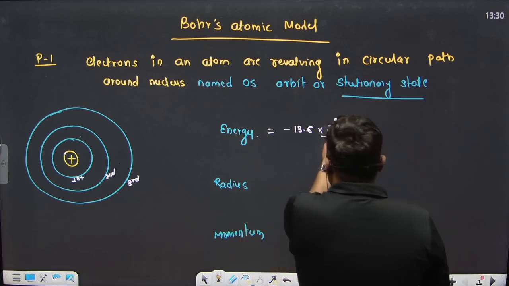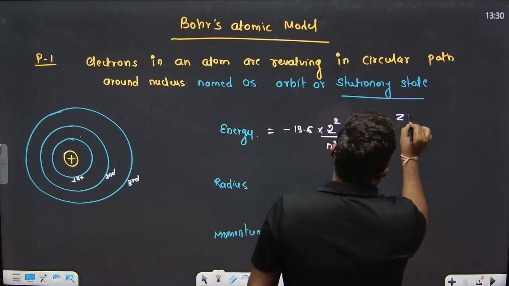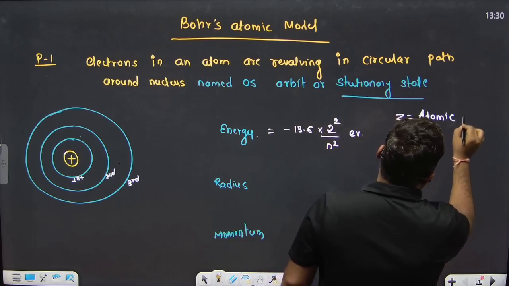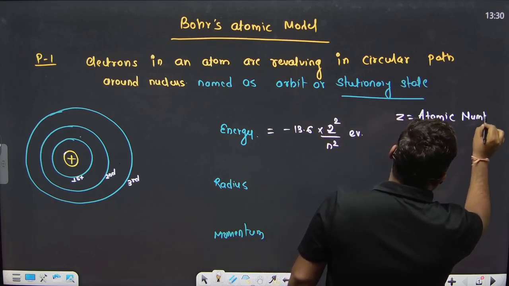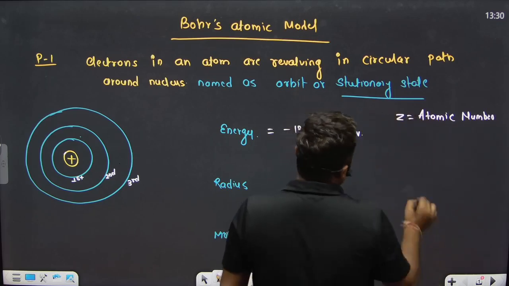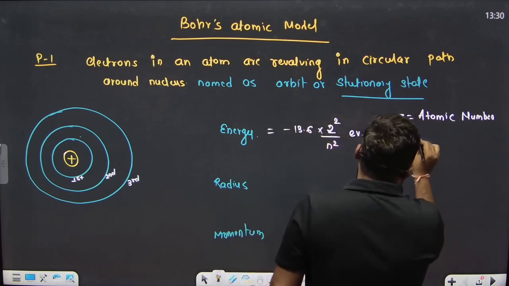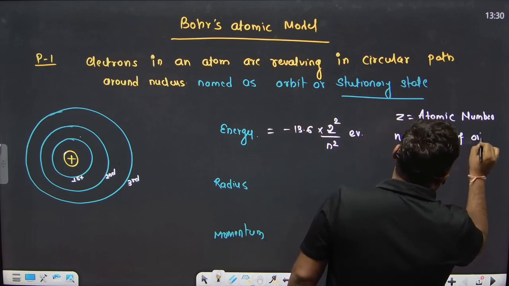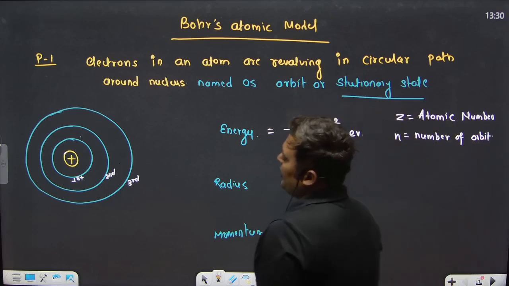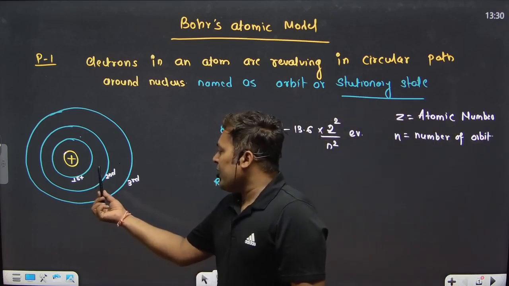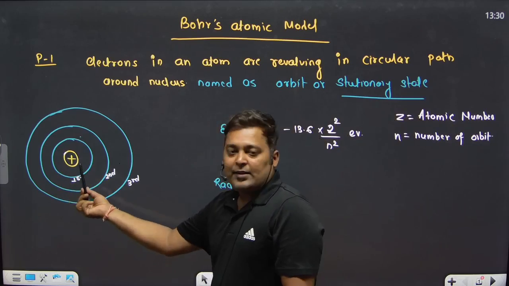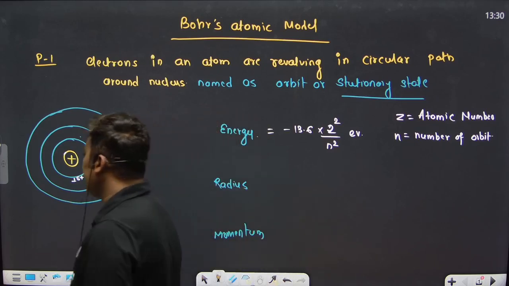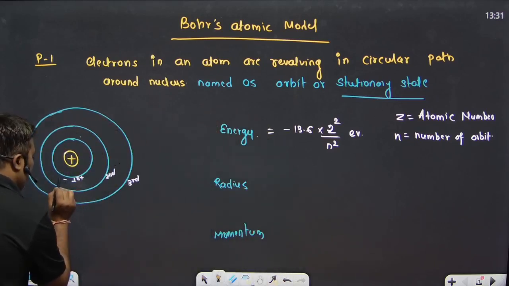And what are n and Z here? Z is representing the atomic number of the element. What is n here, sir? n is representing the number of the orbit. That means if we are talking about this circular path which is just close to the nucleus, the value of n is going to be 1, because this is your first orbit. If you are talking about this one, then it is the second orbit, and the value of n is going to be 2.